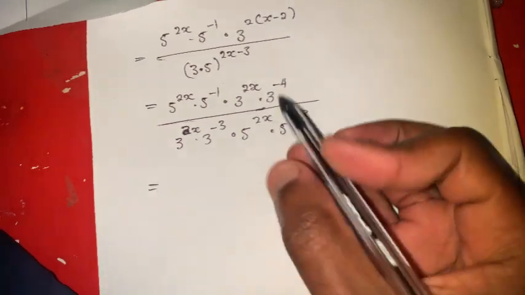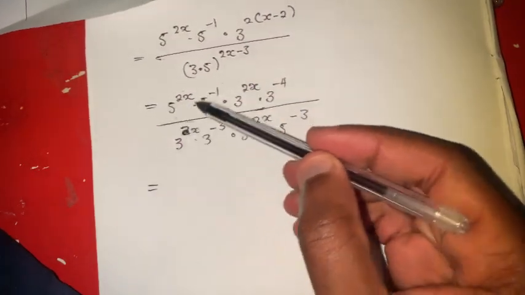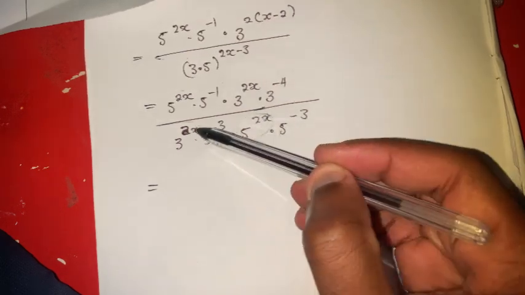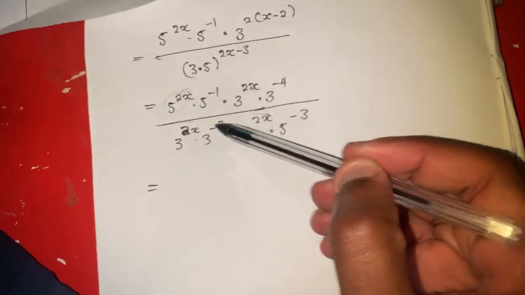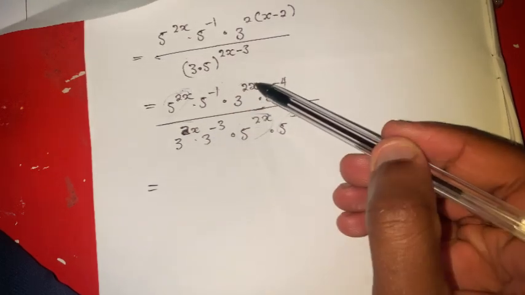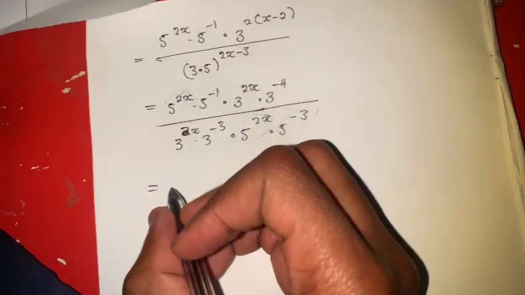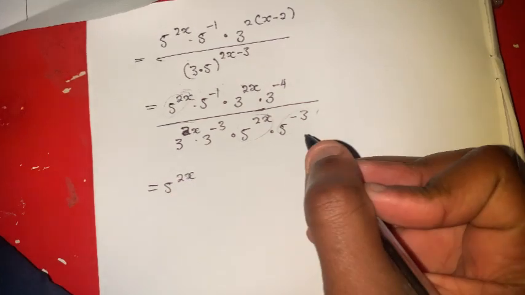So in this method, you simply group the similar expressions. Where you have numbers, you group the numbers, and where you have x's, you group the x's. So looking at this one, you'll have 5^(2x).